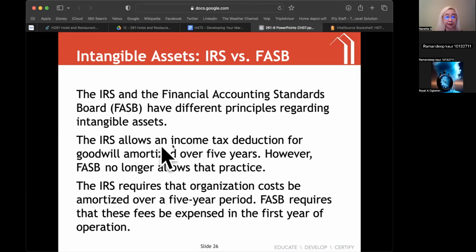With the IRS, they allow income deduction for goodwill. But for financial accounting standards, they don't allow that. So you need to consult with your accountant. What are your deductibles? What are some of the assets that you can deduct from your income? So it would lower your taxes.